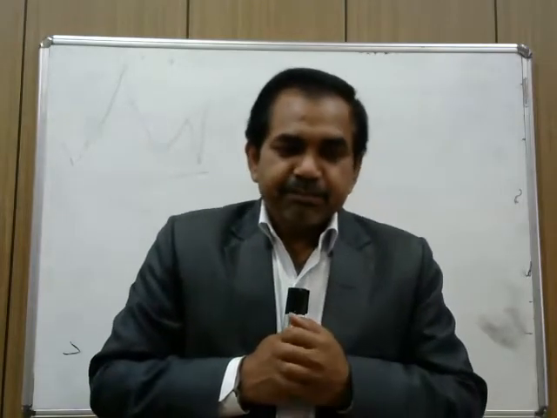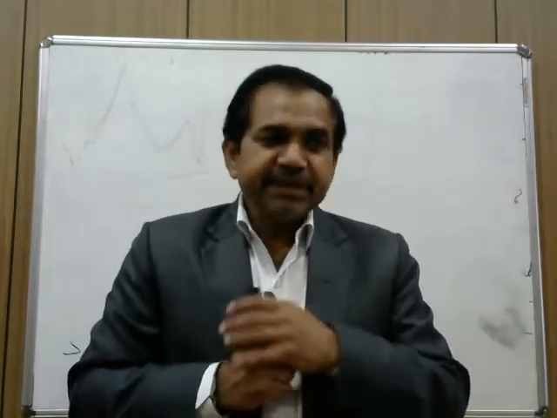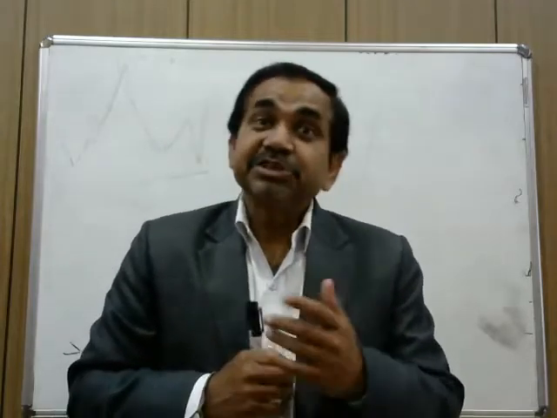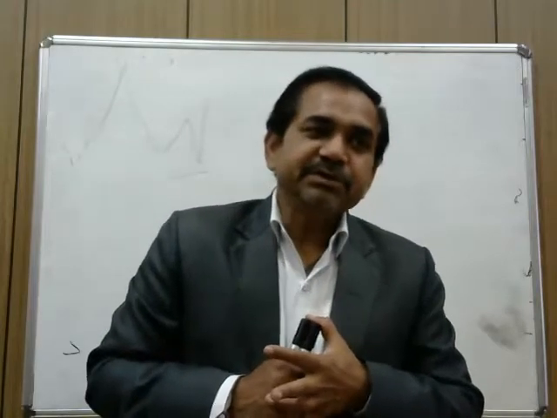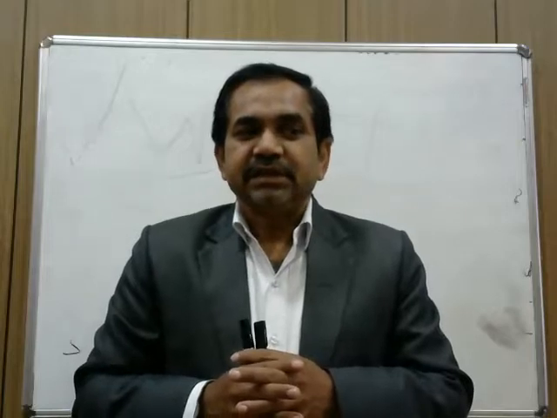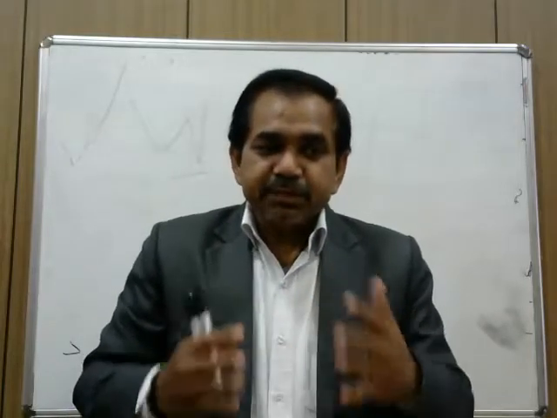It was the need, and the IUPAC system is termed substitutive nomenclature. It is called substitutive nomenclature because in this system a compound is supposed to be derived from some hydrocarbon.